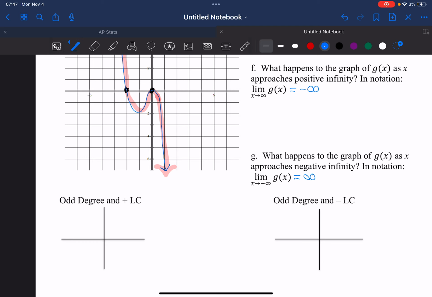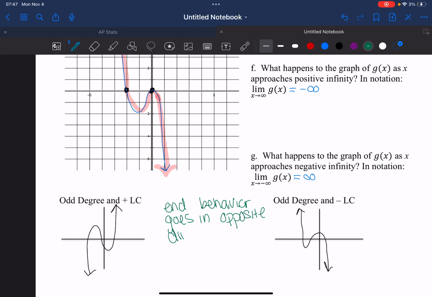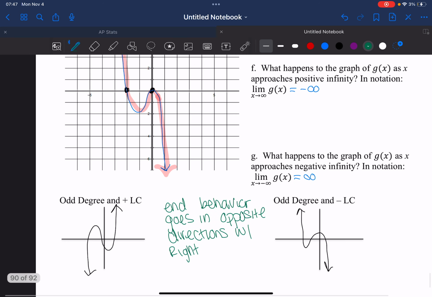Now here at the bottom, we're going to have a little note that you can go back and refer to later. If it's an odd degree with a positive leading coefficient, we know it starts at the bottom and then goes up. And if it's opposite, with a negative leading coefficient, it starts at the top and goes down. So the end behavior goes in opposite directions, with the right side going up.